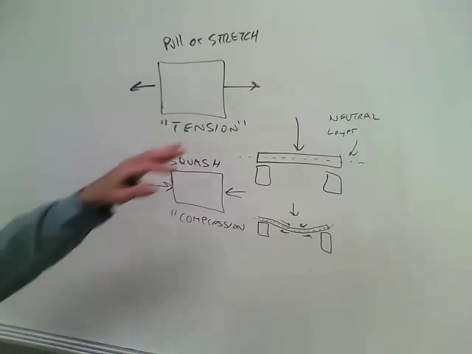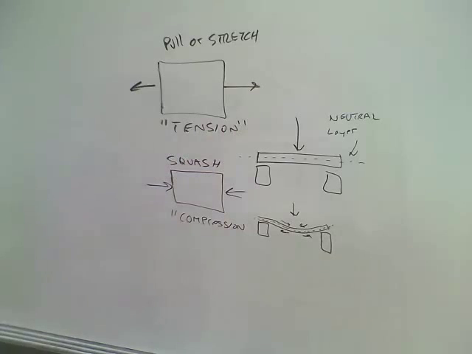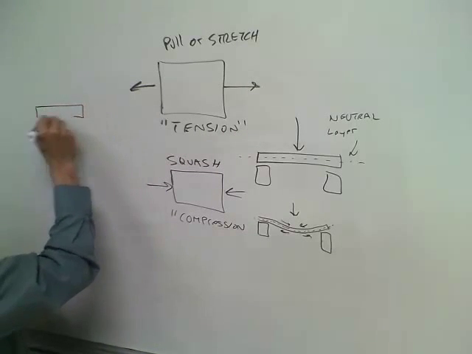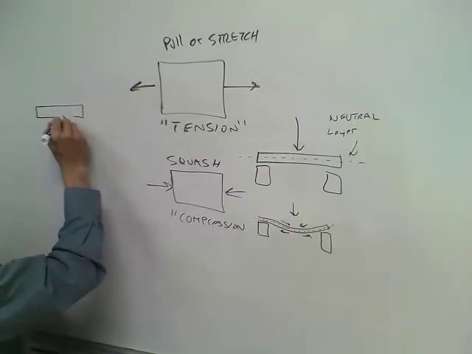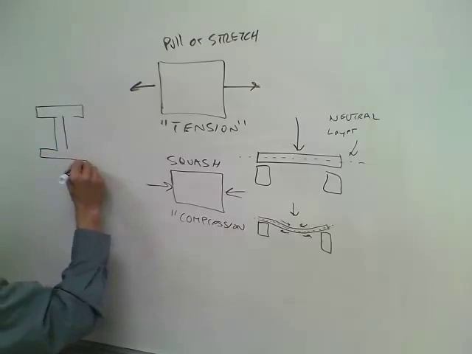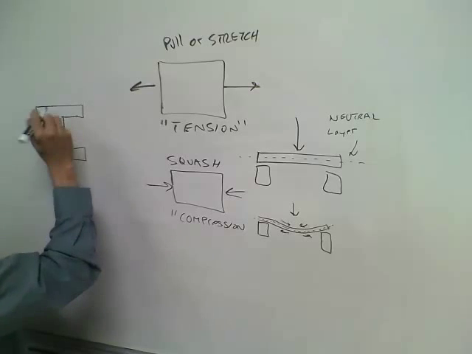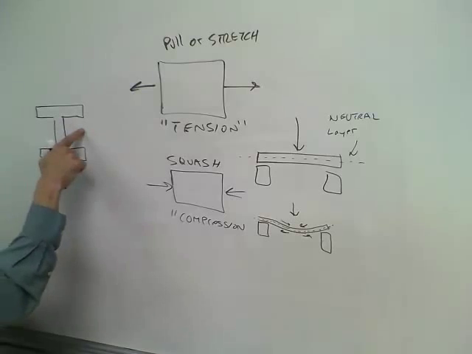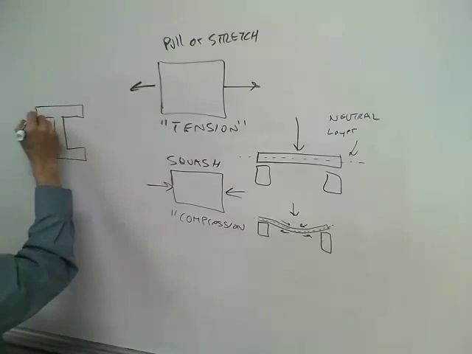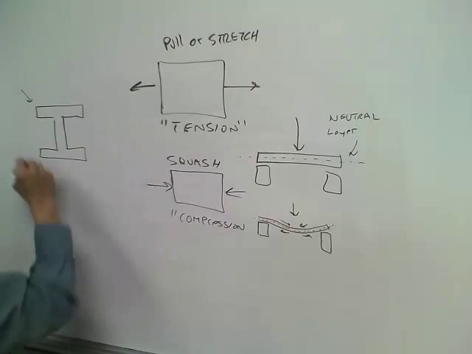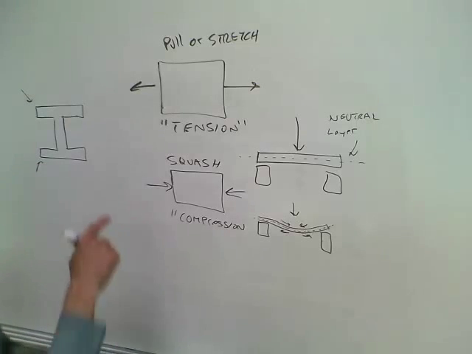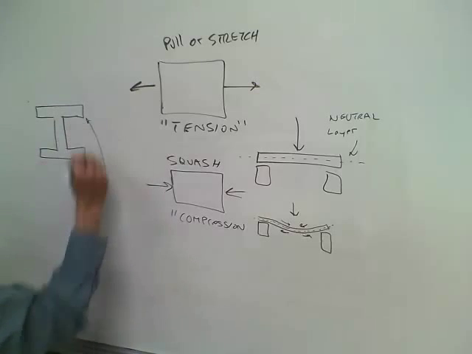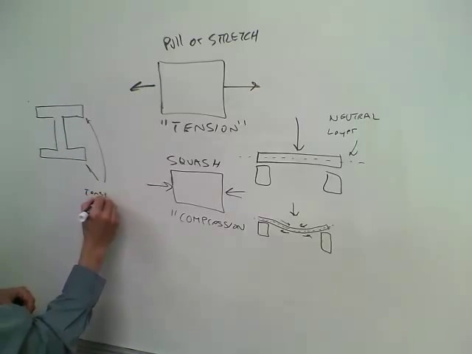And of course, this neutral layer is what we take advantage of when we look at this shape, because this neutral layer is used to take advantage of an I-beam. In an I-beam, the top and the bottom, these guys here, are the ones undergoing tension and compression.